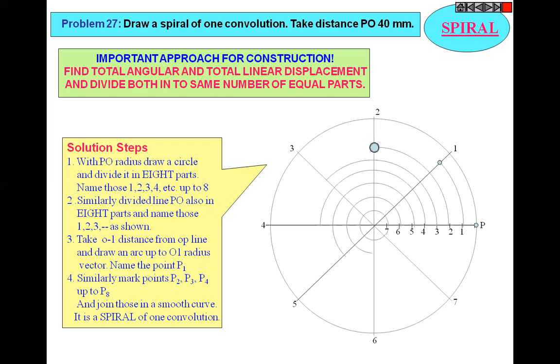Then mark the points and join all the points. Then we name all the points P1, P2, P3, P4, P5, up to P8, and join all the points. We get the spiral like this. This is known as an Archimedean spiral.